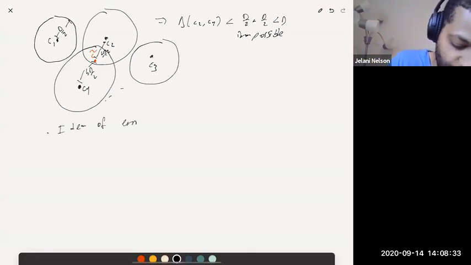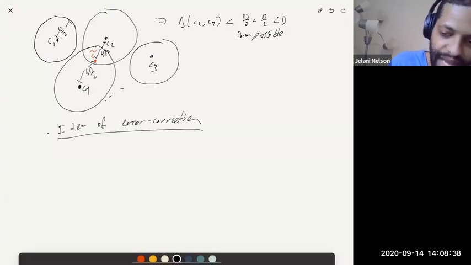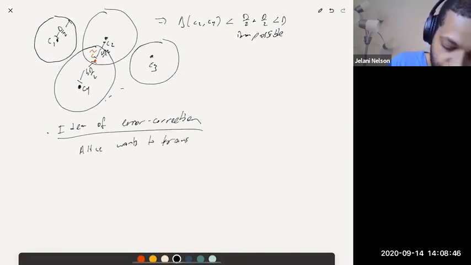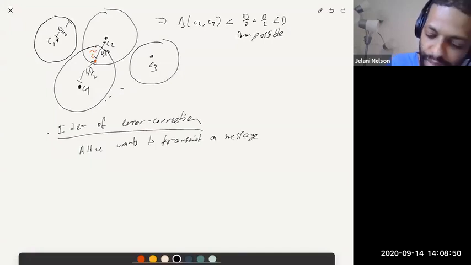of error correction and more generally is that Alice wants to send a message. Let's call it M, which is, let's say, a qubit message.